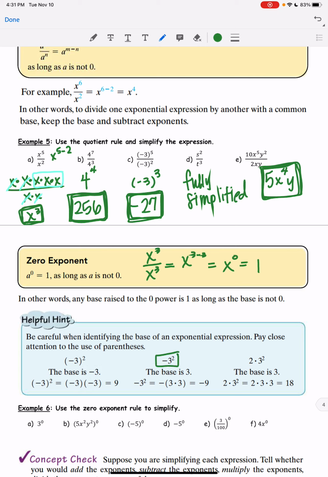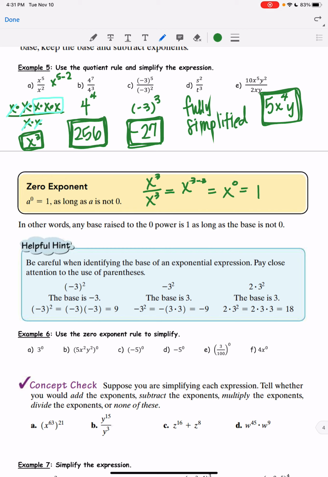When you have this not in parentheses, the only thing that that base goes to is what's directly in front of that. So you've got -3 squared, and -3 squared is -9. If you put these in your calculator separately, if you put one in with parentheses and one without parentheses, one is positive, one is negative. Okay, it all has to do with what that base is.